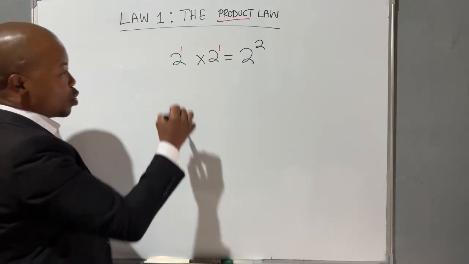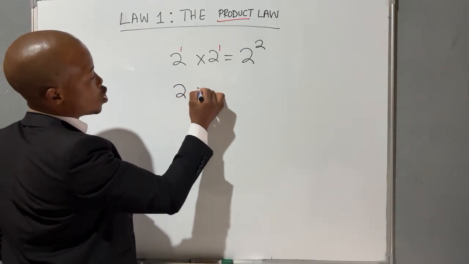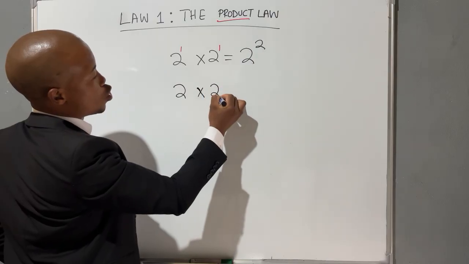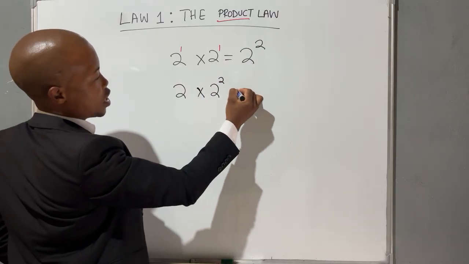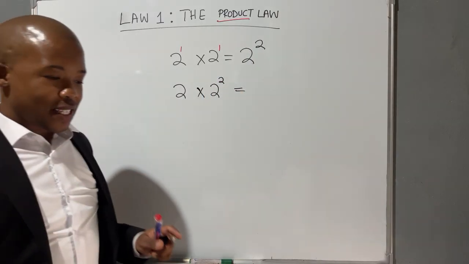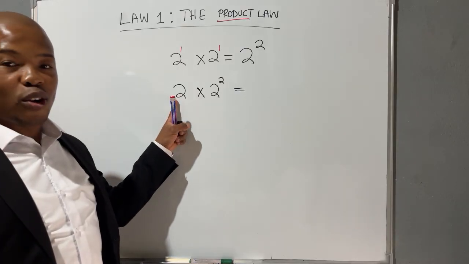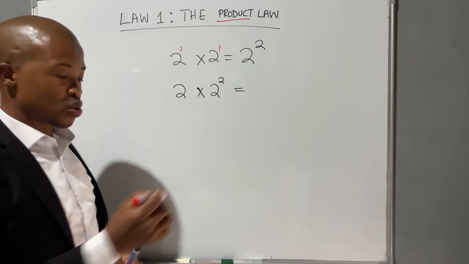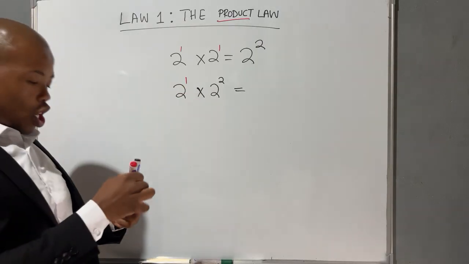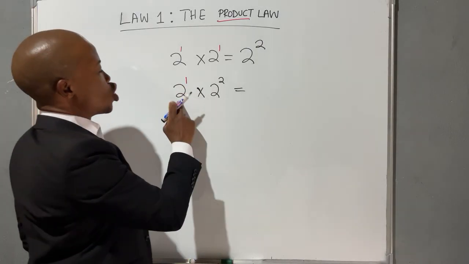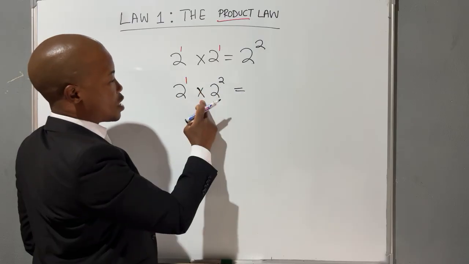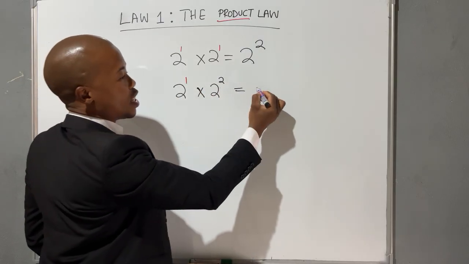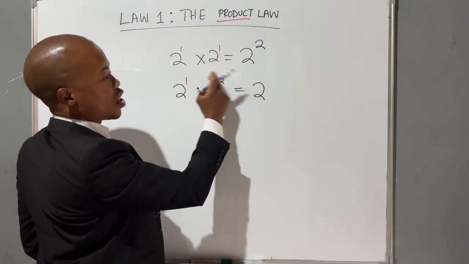Let me give another example. Let's say you have 2 times 2 to the exponent 2. I said that when you see a number or a variable and it doesn't have an exponent, its exponent is 1. So in this case, it means 2 to the exponent 1 times 2 to the exponent 2 will give us 2, and then we add those exponents.